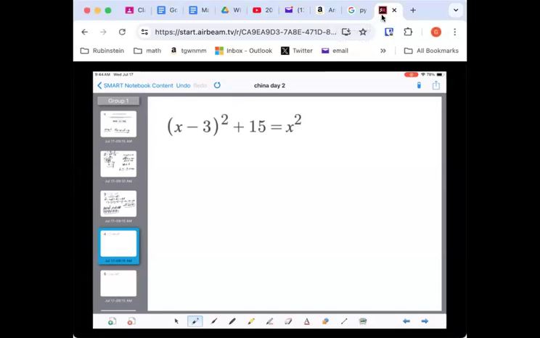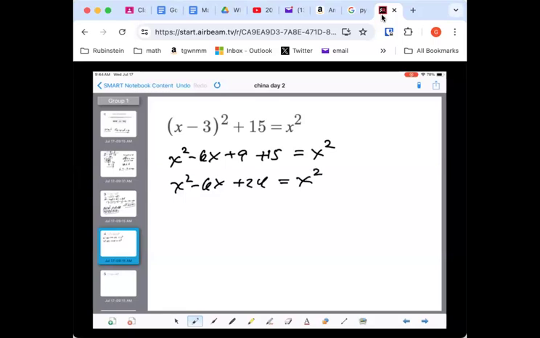Okay, and I'll come back over here. So as you can see, the x minus 3 squared is still just like before, x squared minus 6x plus 9. But then I have the plus 15 and the x squared. So what I like to do is combine the 9 plus the 15.